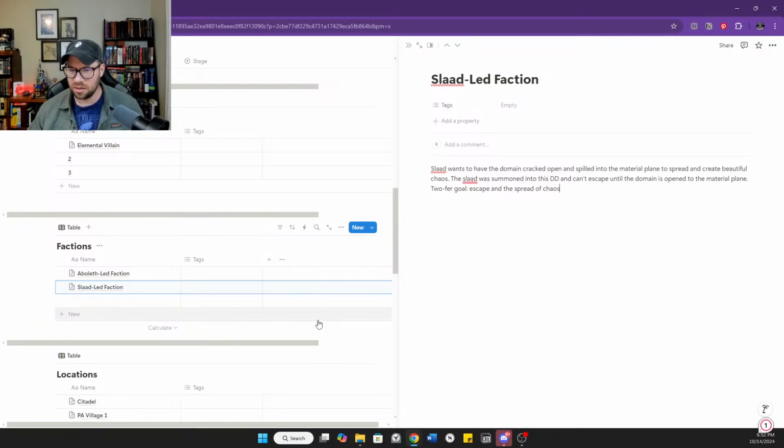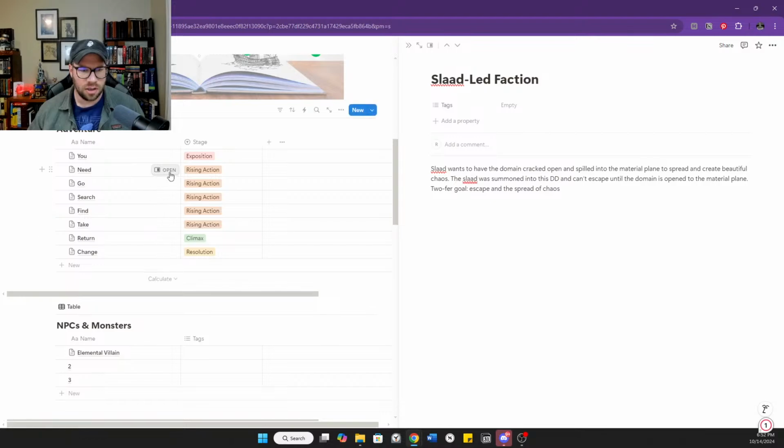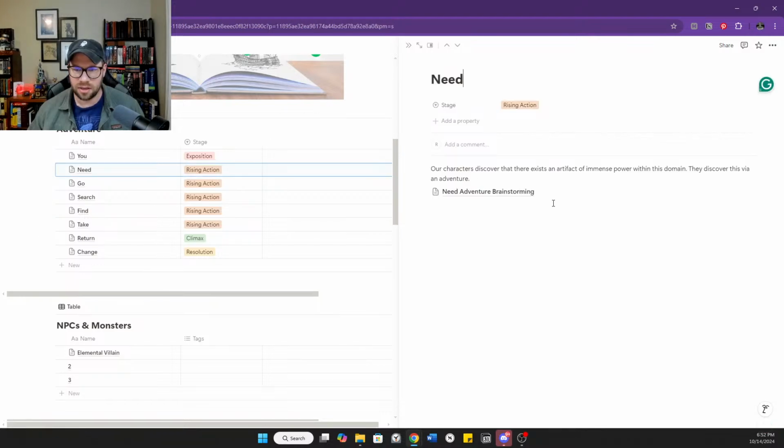All right. So we've got some faction goals. We've got the core of our adventure. I think I'm kind of leaning towards starting this at level 1. That just makes kind of sense to me.